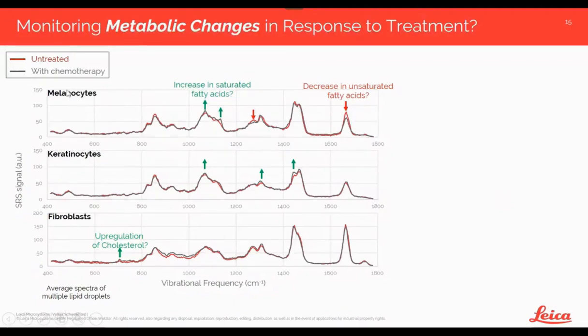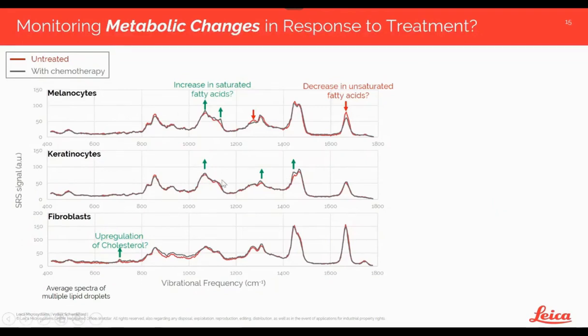And we can very clearly see in the top spectrum, the melanoma cells actually show some pronounced differences in the amount of unsaturated fatty acids. They also show some increases of peaks at lower wave numbers corresponding to saturated fatty acids. So we think we can see a clear shift of the lipid profile in the melanoma response to the treatment.